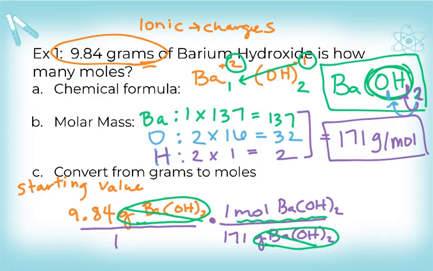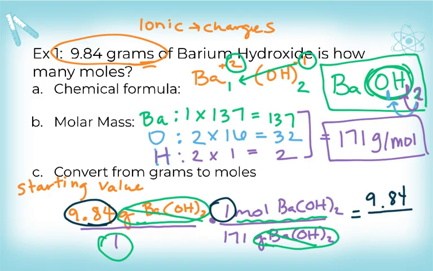So now we're going to take our values and I'm going to multiply everything on the top. 9.84 times 1 is 9.84 over 1 times 171.